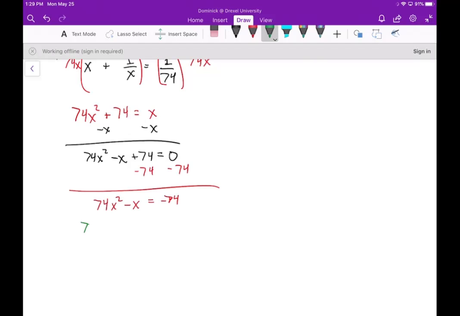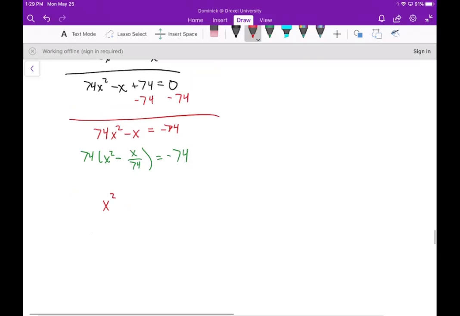Now we'll factor out the 74, and then we're going to need an x over 74 here. Now if we divide both sides by 74, we'll get x squared minus x over 74 is equal to negative 1.